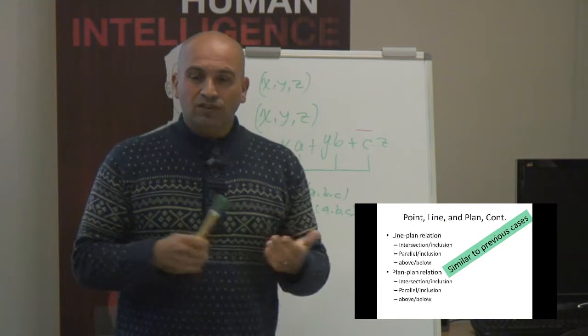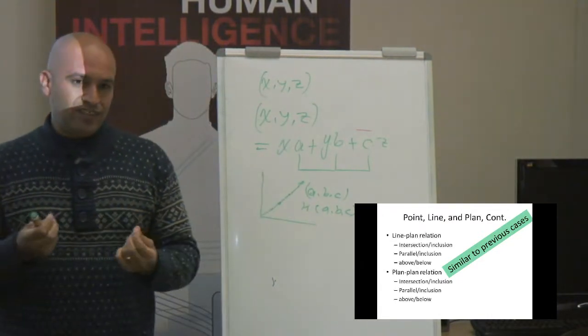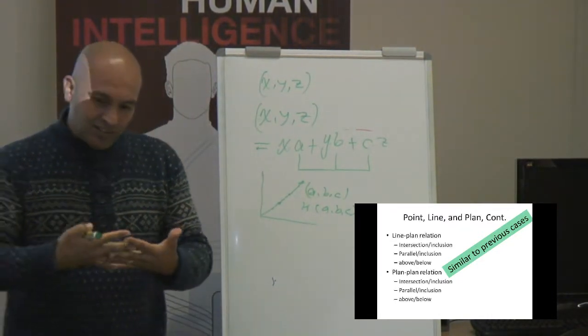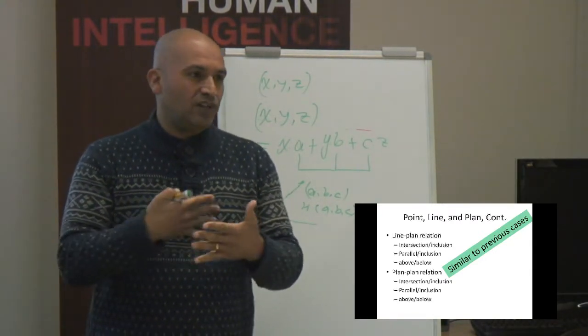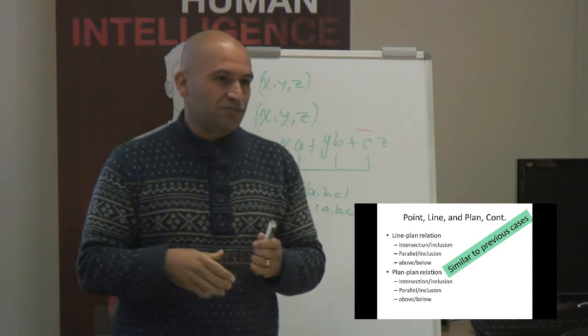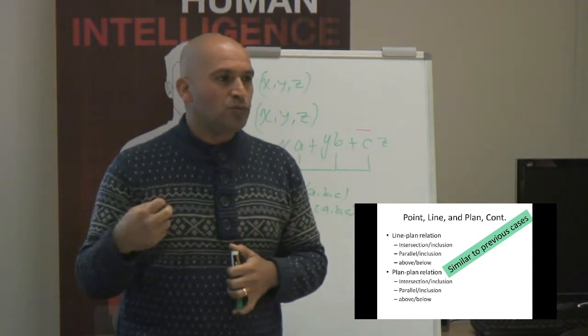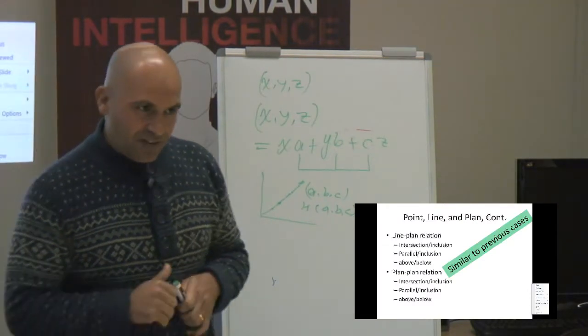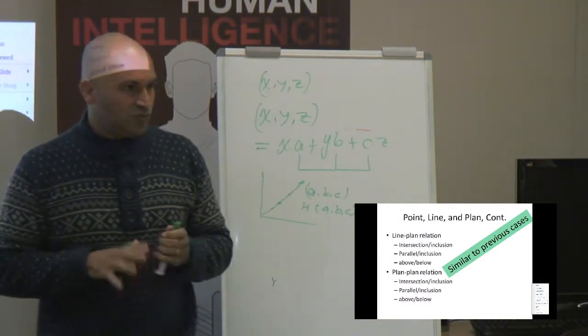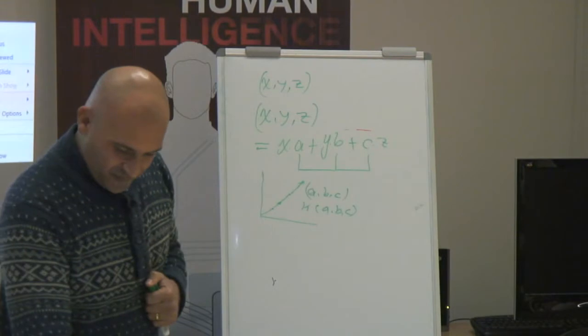We can determine the difference between parallel and complete inclusion, where one collides completely with the other, based on whether they have a common point or not. That's very simple mathematics, which I assume all of you know.